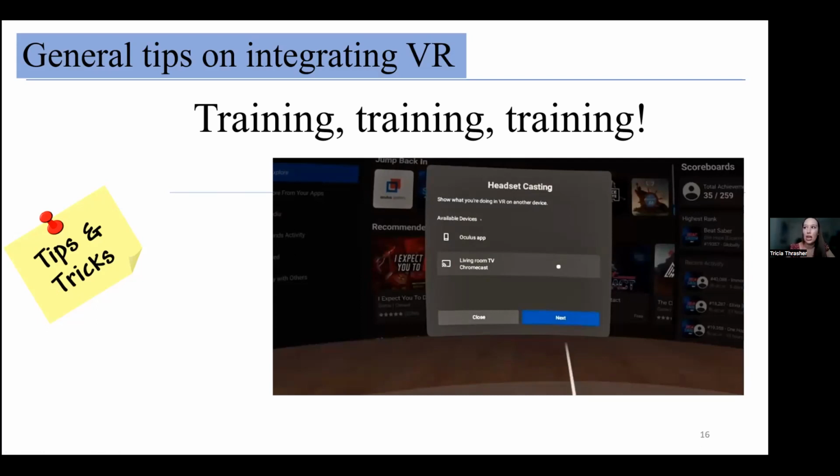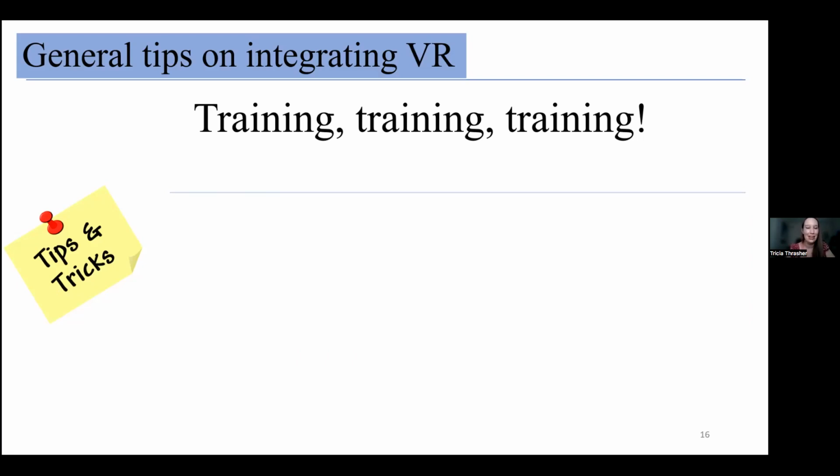Because I will say, the first time I did training, I would tell students, describe to me what you're seeing. And it's really hard to walk someone through VR if you can't see what they're seeing, especially if they're not familiar with being inside a headset. And this also lets you demo to students what they should be seeing before they try it.